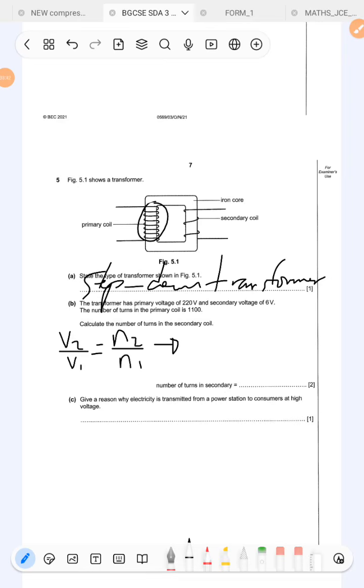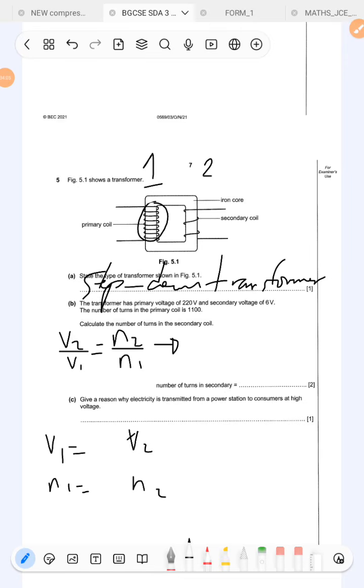You can identify your parameters: V1, N1, V2, N2. The 1 part is the primary and the 2 part is the secondary.